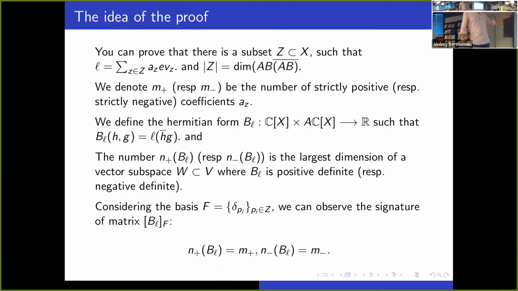And considering the basis of Kronecker deltas at the points in Z, we can observe that the signature of this matrix is precisely given by the coefficients above.